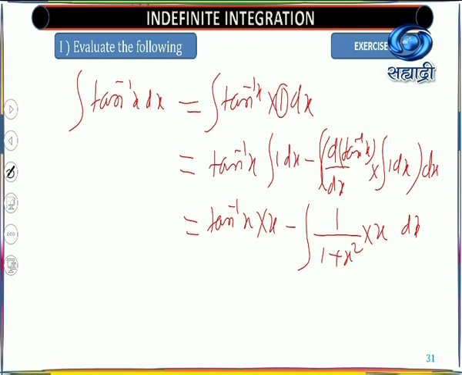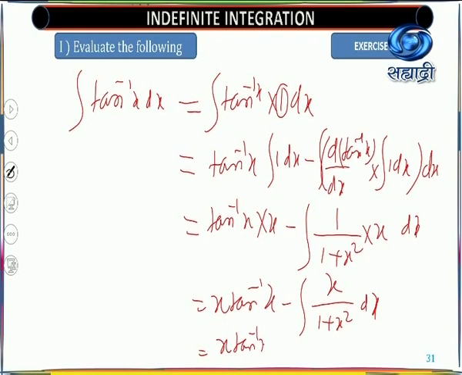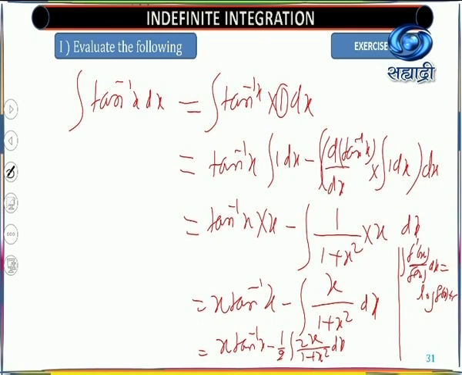So you are able to write this as x tan inverse of x minus the integral of x upon 1 plus x square dx. This is equal to x tan inverse of x minus half, doing an adjustment here, of 2x upon 1 plus x square dx. Now this is like our formula, the integration of f dash of x upon f of x dx is equal to log of f of x plus constant of integration, that we are using.